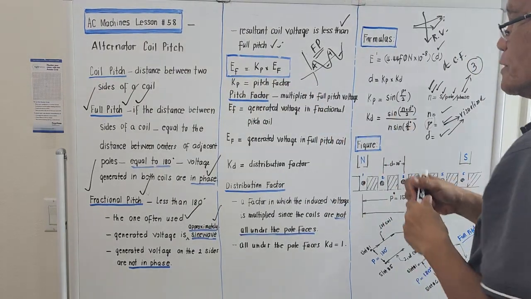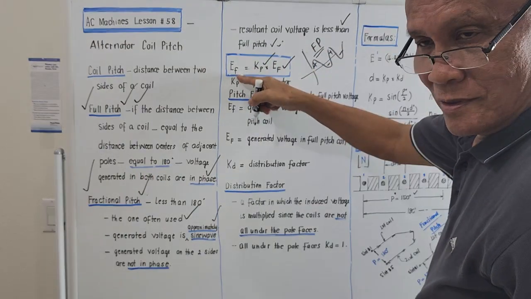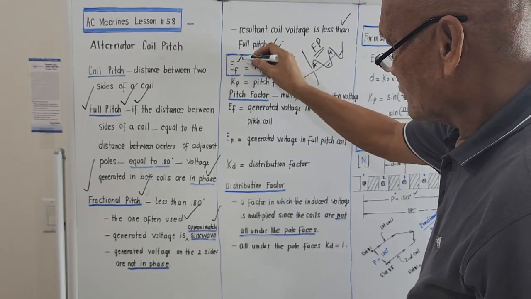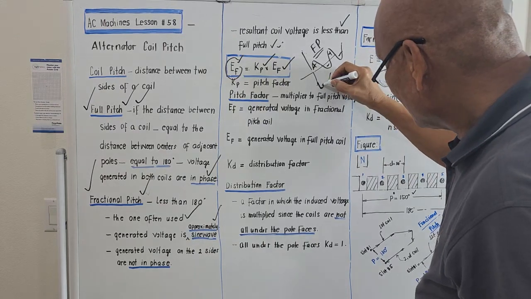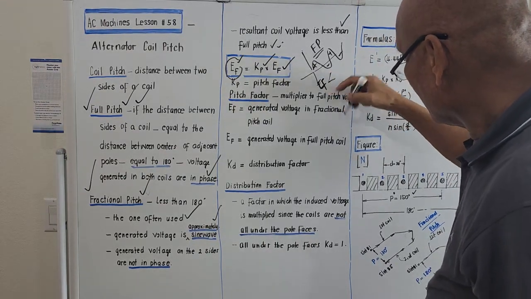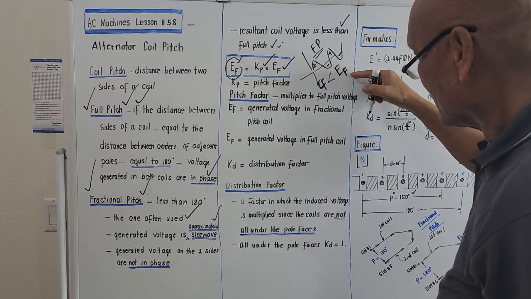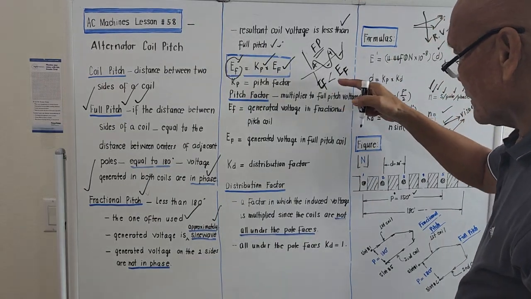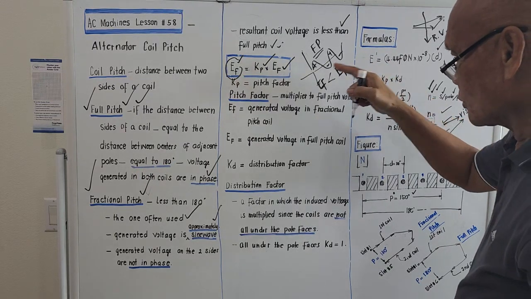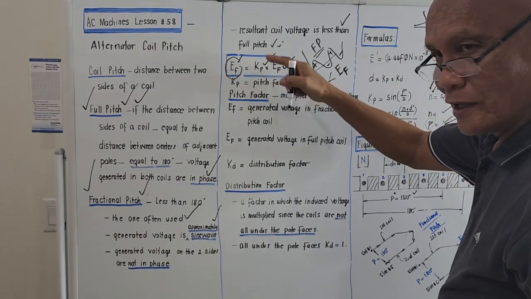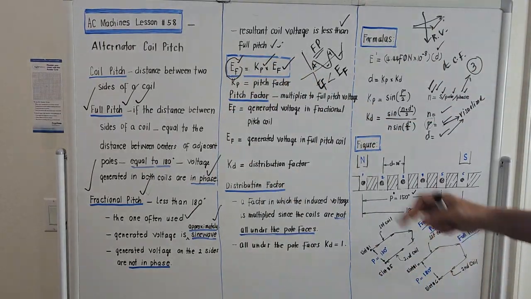So if you know the full pitch voltage and the pitch factor, you could compute the fractional pitch voltage. This fractional pitch voltage, E sub f with small letter f, is less than the full pitch value, which has the subscript capital letter F. Full pitch, this is fractional pitch. The fractional pitch voltage is less than the full pitch voltage, because it is multiplied by the pitch factor, and this pitch factor is less than 1.